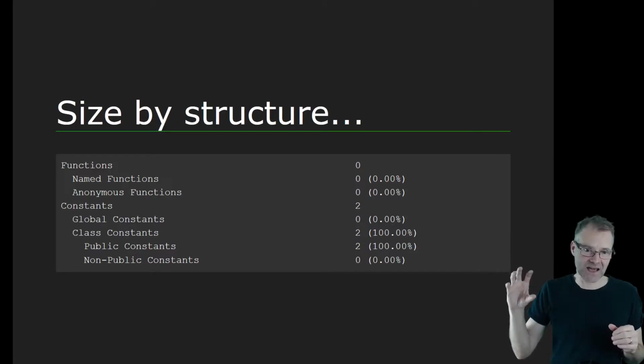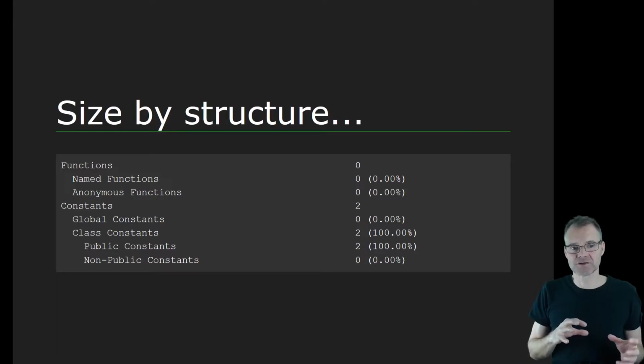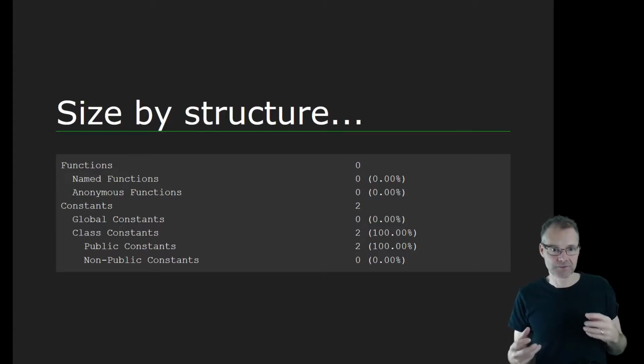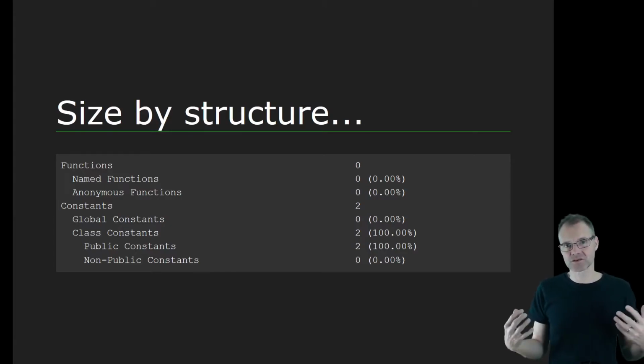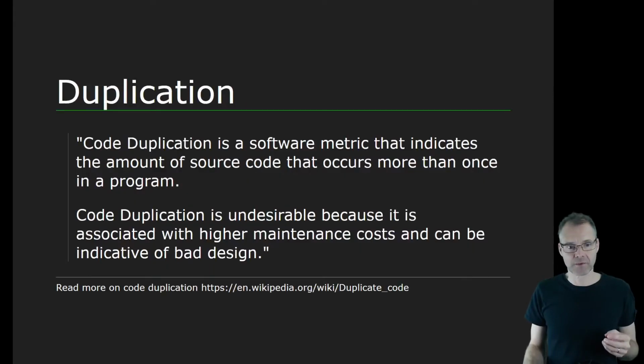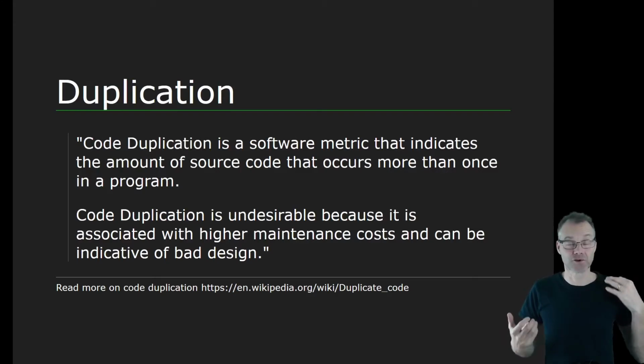So this type of size can be used to relate to how complex the software is, how large it is, how it is divided, and what type of code structures it's generally using. Still, it's a long report, can be hard to relate to at first, but it is useful as a starting point for doing metrics.